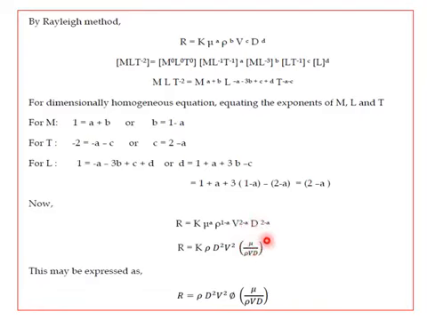Now we have arranged the dimensionless terms with like powers, so this becomes one of the dimensionless numbers. So R can be expressed as a function, where R by rho d square v square is one dimensionless term, and similarly mu by rho v d is another dimensionless term. This is how we get the expression by Rayleigh's method.